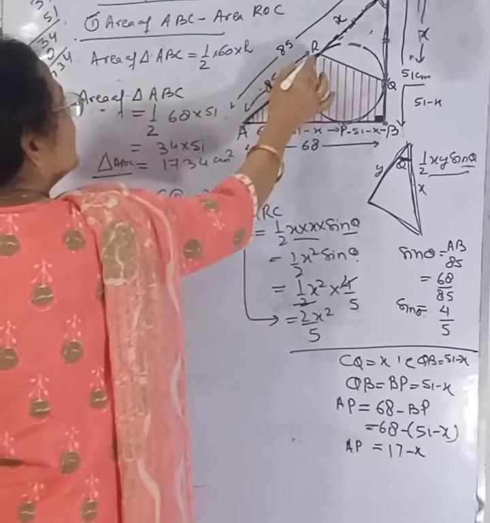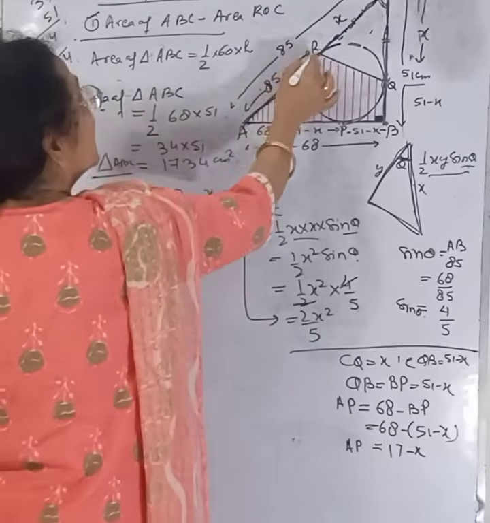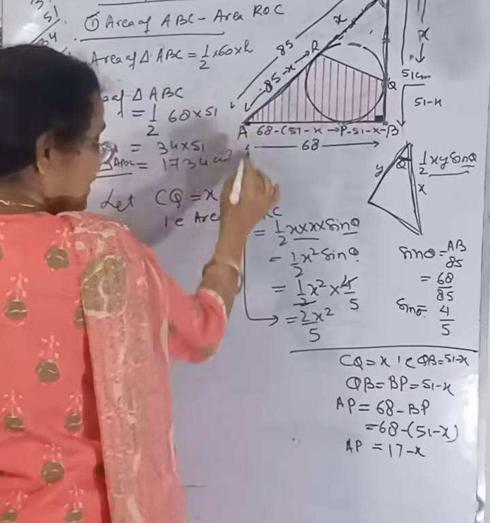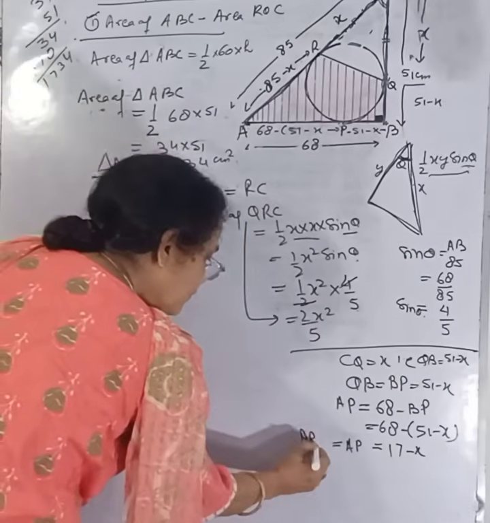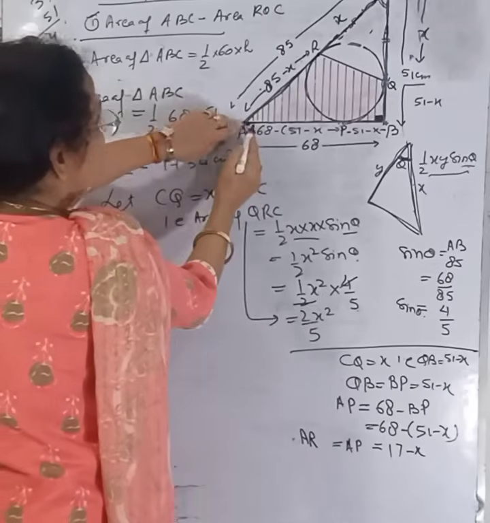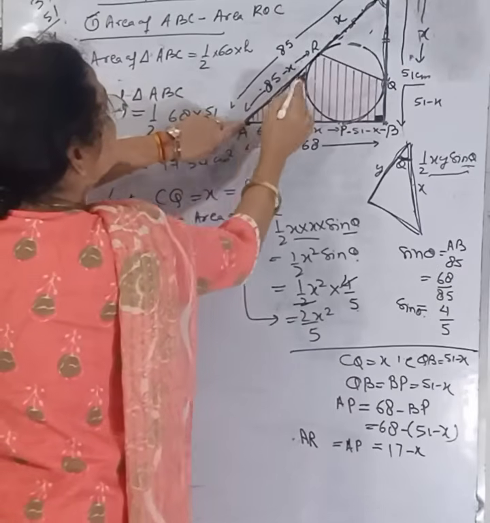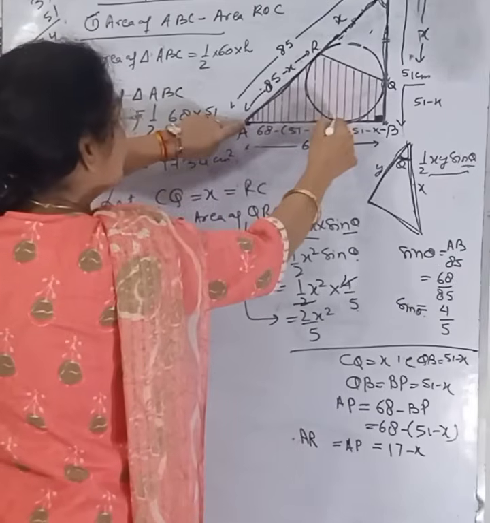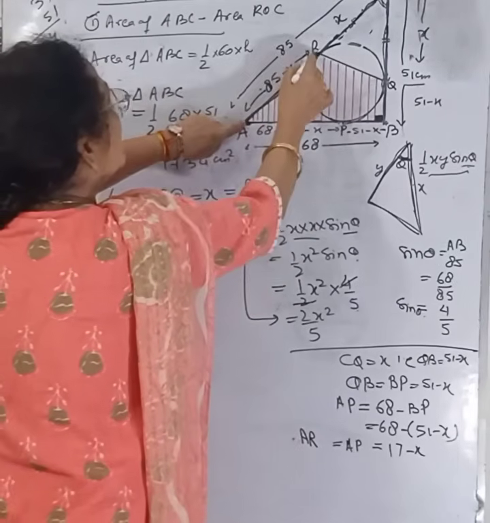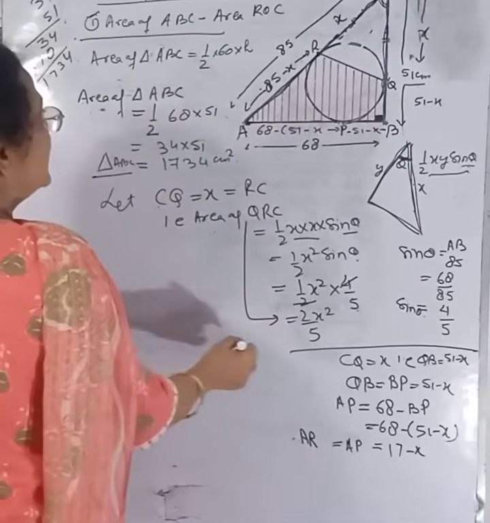AP is also equal to AR. But AR is equal to 85 minus x. Why? Because this is also the external point and these are the tangents from point A. It means 17 minus x will be equal to 85 minus x.